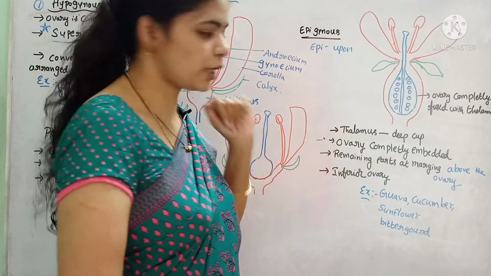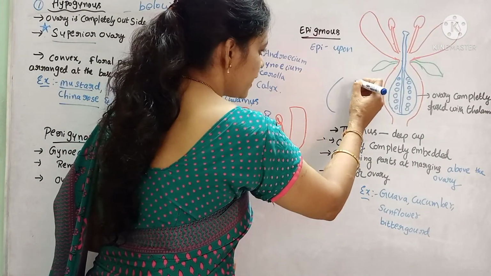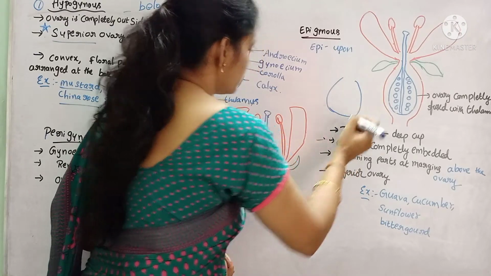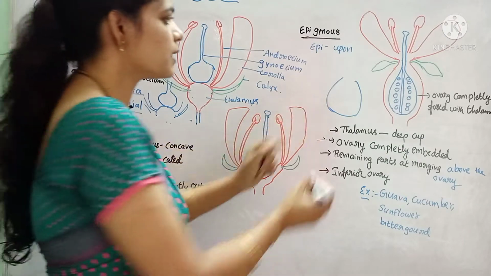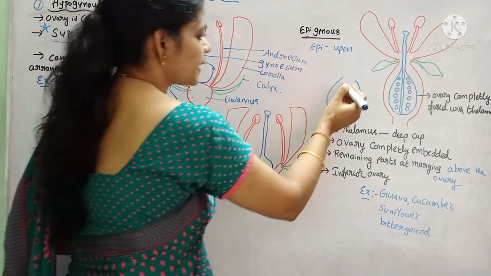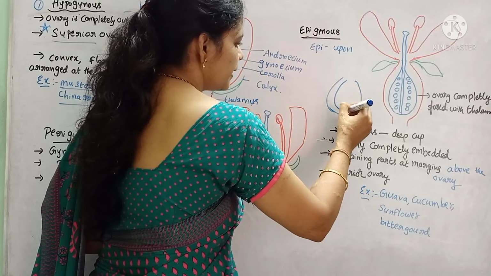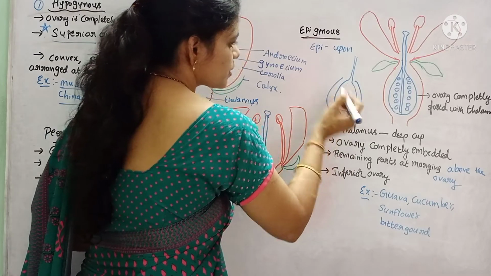And if we see, the shape of the thalamus is a deep cup shape, right? See this? Here the thalamus is convex shape. Here the thalamus is deep cup shaped and inside this the ovary is completely embedded. This is the gynoecium. So here this is the ovary.